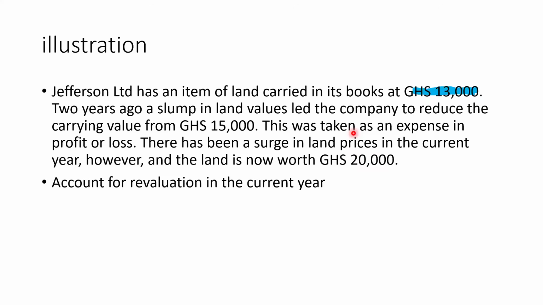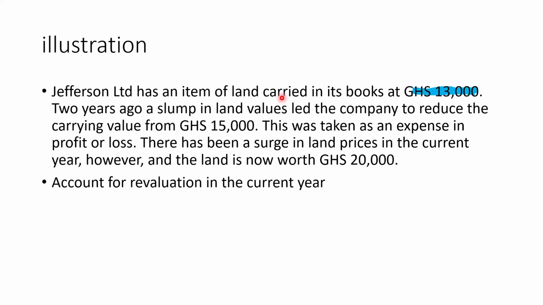When you do that, you will be left with 5,000. That 5,000 will go to other comprehensive income, and then it will also go to revaluation reserve in the balance sheet, or statement of financial position.